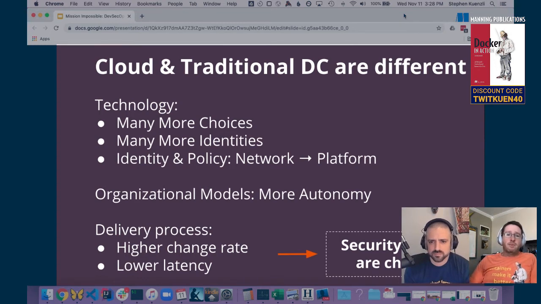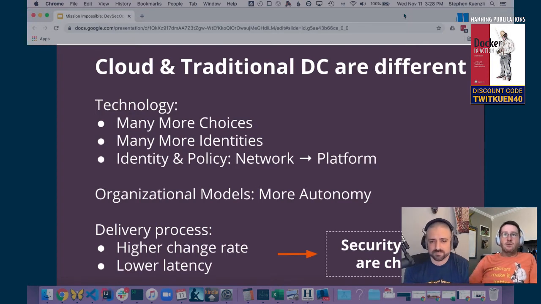In the technology space, there's a ton more choices. There's more container orchestrators than there are really viable virtual machine platforms. And those container orchestrators have better APIs than the on-prem virtual machine platforms ever did. That's like one big advantage.